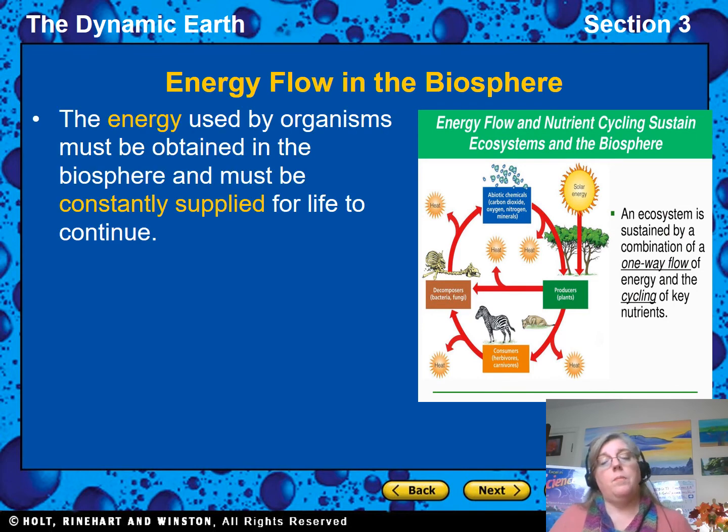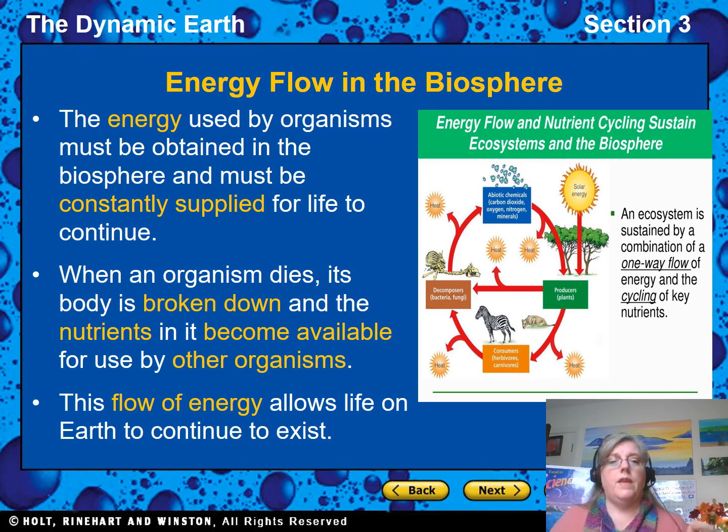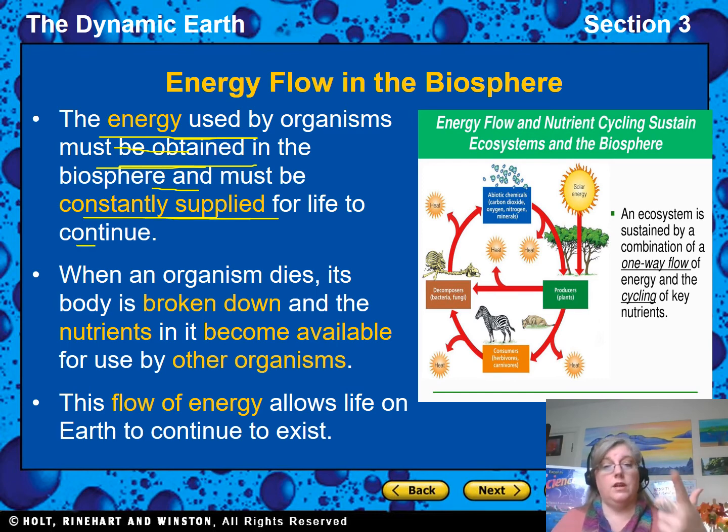Now, as we're moving energy through the biosphere, okay, the energy used by the organisms has to be obtained in the biosphere, and it has to be constantly supplied for life to continue. Remember, I said it's a circle. All right, so the ecosystem is sustained by a combination of one-way flow of energy and cycling of nutrients. When something dies, it gives its nutrients back.